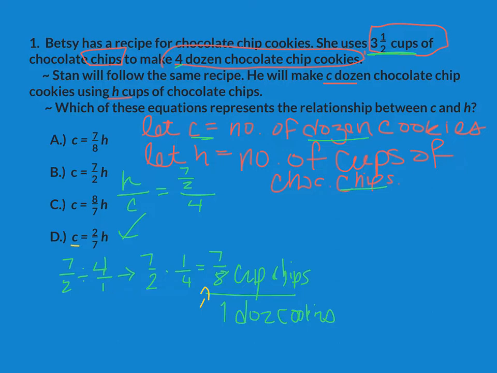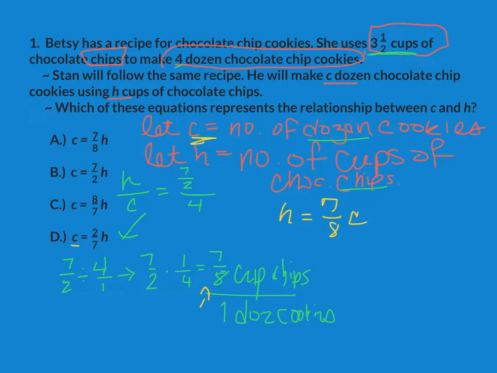So that means I'm always multiplying my 7/8 times the number of dozen cookies, and that would be my C. So that means I have 7/8 C, or 7/8 times C, equals H. I could have put the equals H at the end, but it's cleaner to look at if the single variable starts the equation.